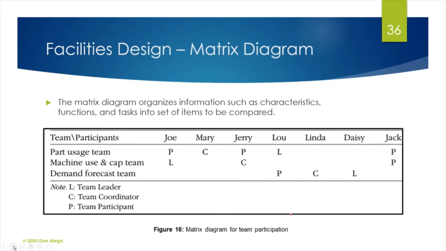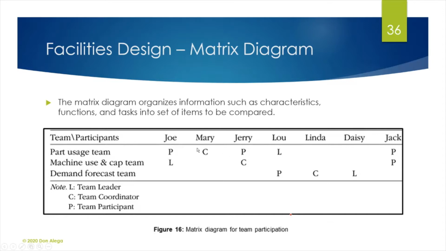Next, the matrix diagram. Sabi dito, it organizes information such as characteristics, functions, and tasks into sets of items to be compared, 'di ba? So, it shows the relationship between two or more groups of information and can give information about that relationship. For example, dito sa parts usage team, we have the team participant, the team coordinator, and the team leader.